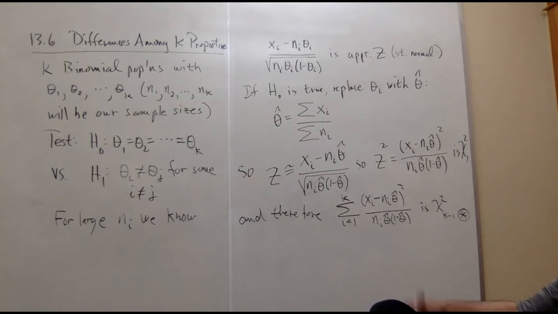So for example, maybe a city wants to know the percentage of residents above 50 that are on welfare. And maybe they would like to know how that compares to several cities across a given state or region. So we have binomial populations, the percentage of people in that population that are on welfare. And we can think about k different populations, k different cities.